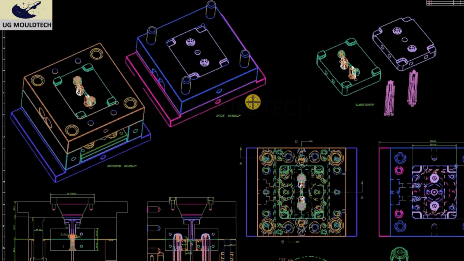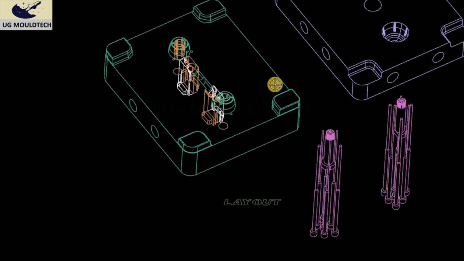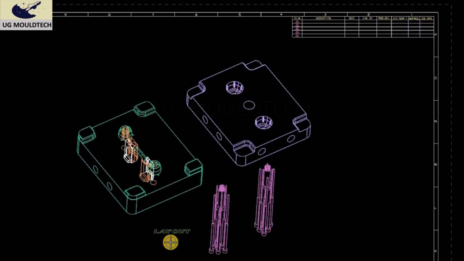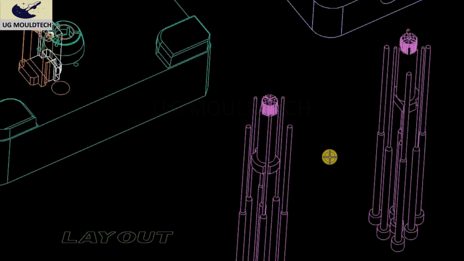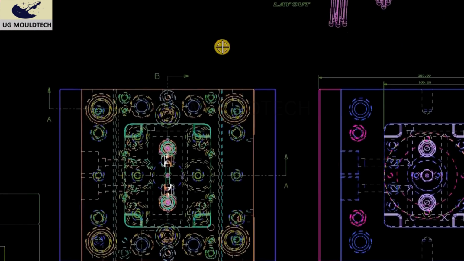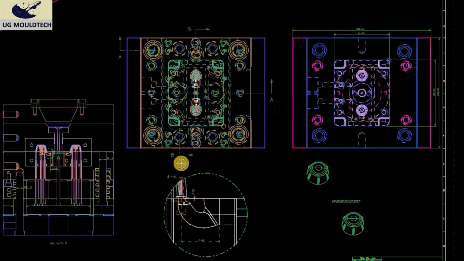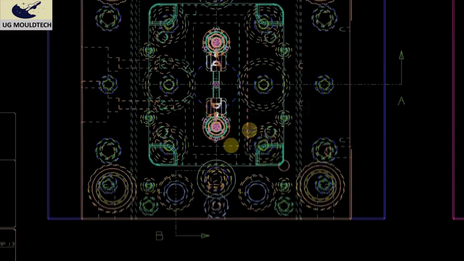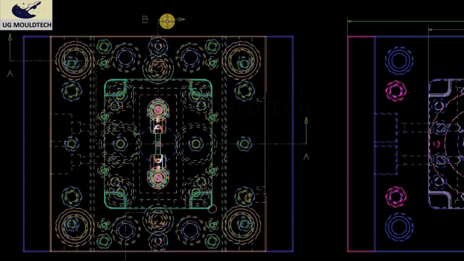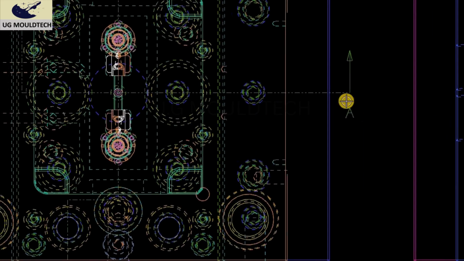You should understand the views. This is the insert, and the insert layout is shown separately. And we see the plan view. In the plan view you can see the section. We have done the section AA.